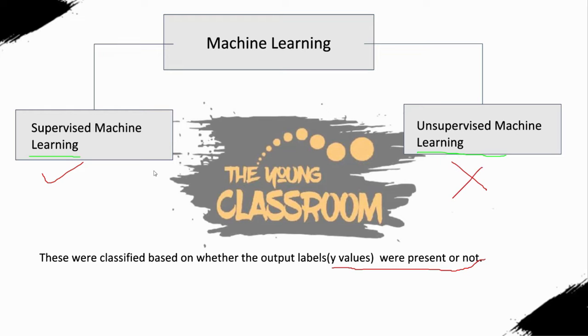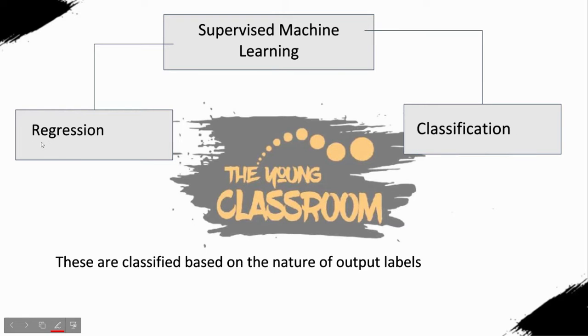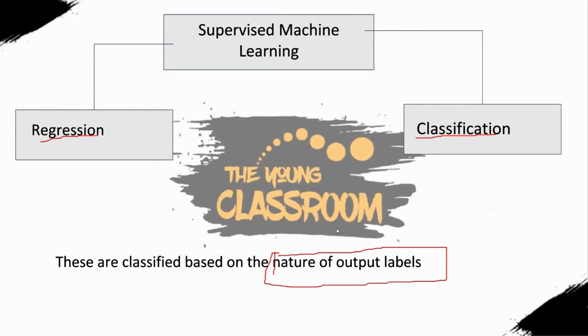Now we can further classify supervised machine learning into two categories, and these mainly are regression and classification. The basis on which these are classified is the nature of the output labels.